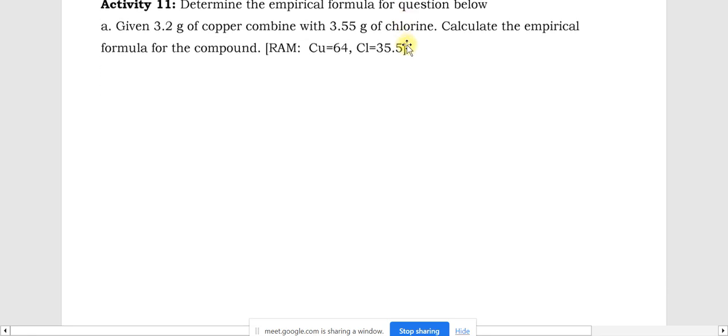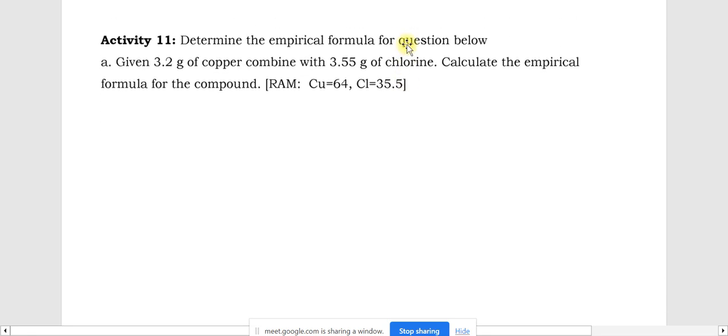Let's try. Determine the empirical formula for the question below. Read the question properly. Given 3.2 gram of copper combined with 3.55 gram of chlorine.